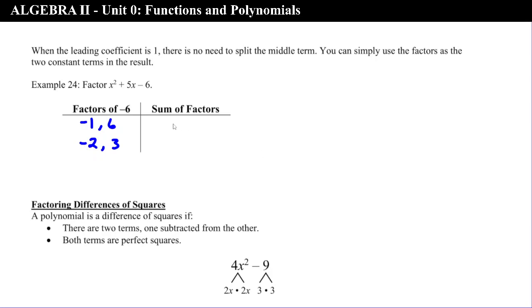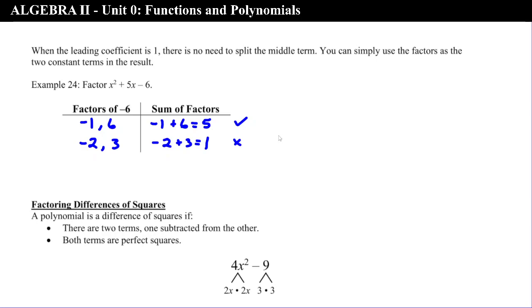Well, we have it right off the bat. We have -1 plus 6 equals 5, and there it is. We don't have to even go on to the other factors. Okay? Now, if you wanted to, you could, just to verify, -2 plus 3 is 1, and that obviously doesn't work. So there we are, -1 and 6.